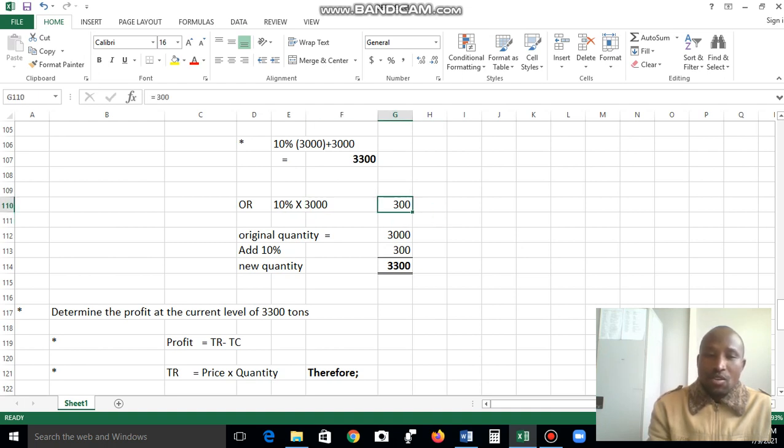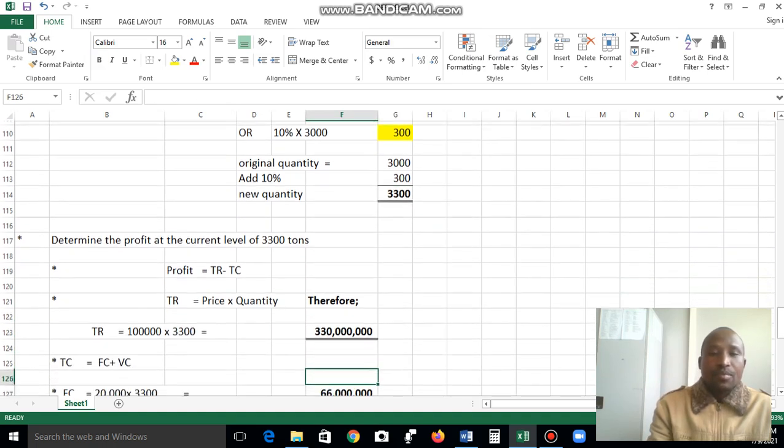The original quantity was 3,000 tons. Then we add the 10%, which is 300, and we get the new quantity as 3,300, when the sales volume increased by 10%.